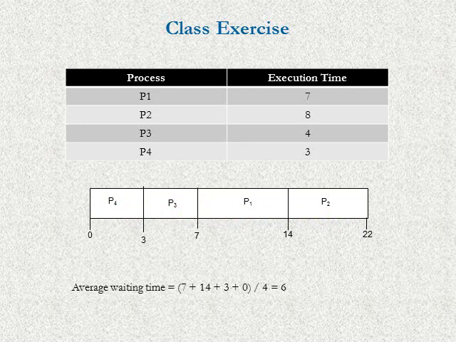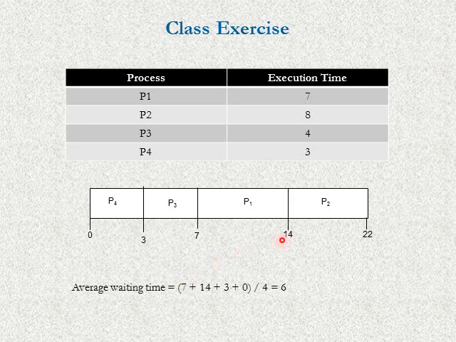Now once this Gantt chart is developed, we can easily calculate the waiting time for each of these processes and then the average waiting time for the whole scenario. For P1, it went into the processor at time interval 7, and as all of these processes arrived at time interval 0, we can straight away take 7 minus 0, which is 7.